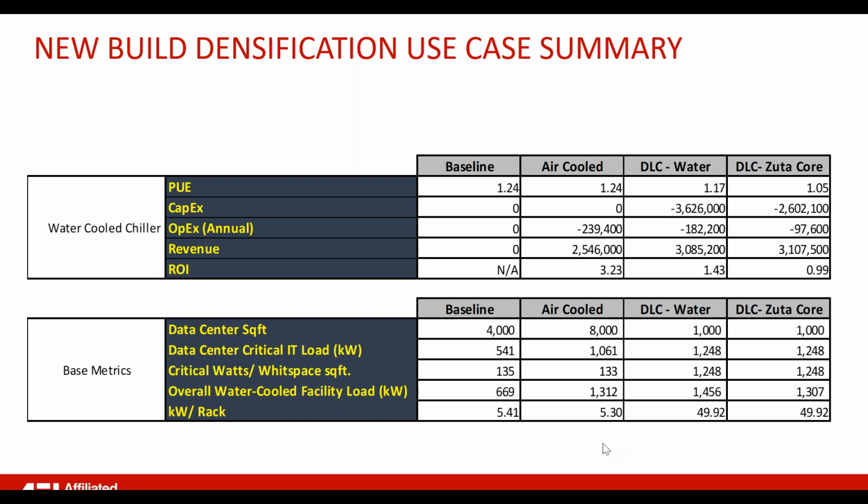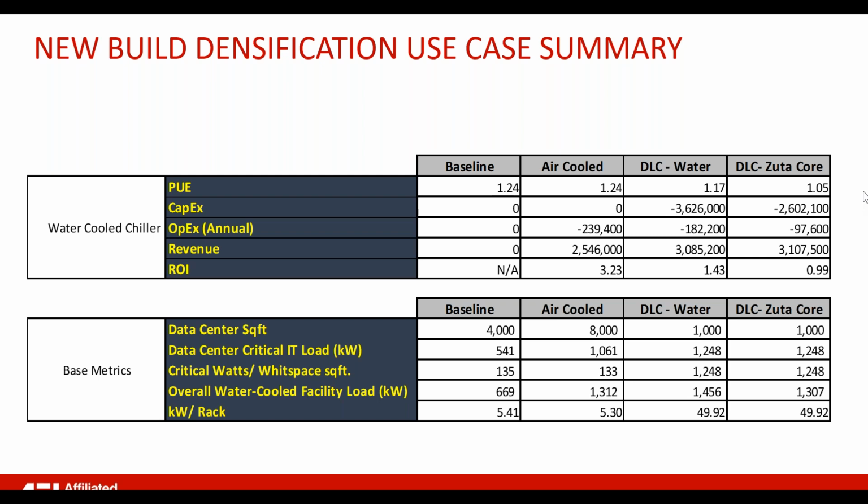So we see that with an air-cooled type of cooling solution, we're seeing a higher OpEx cost, which we would anticipate as there are many more moving parts and many more components required to support an air-cooled type of solution. With Zuta-Core, the OpEx cost is much lower because we're only doing heat rejection directly at the chip.